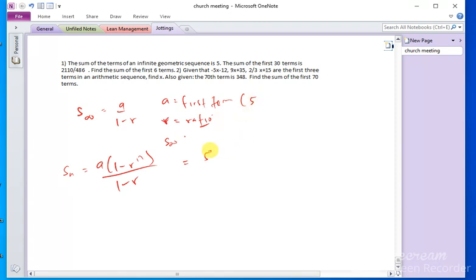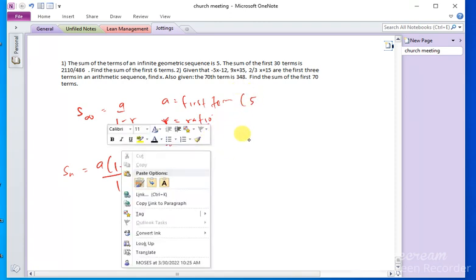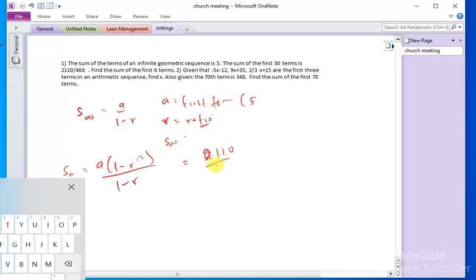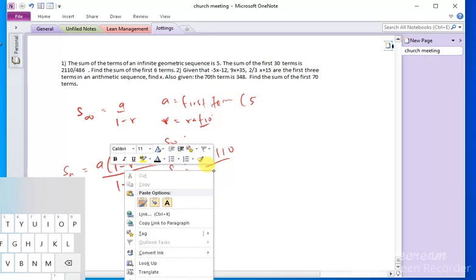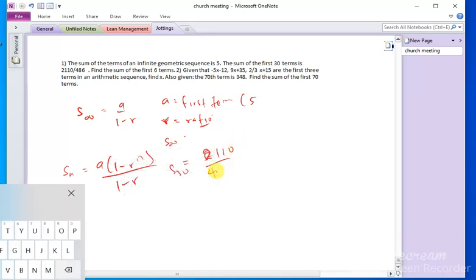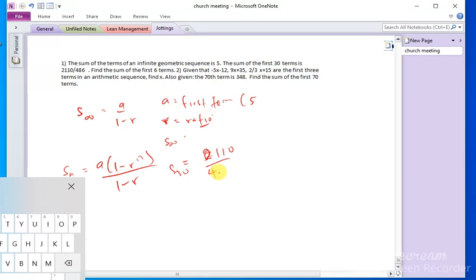We're told to look for the sum of the first 30 terms, which is 2110 over 486.